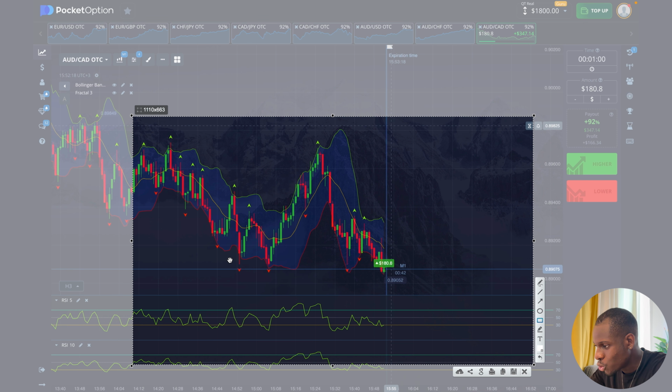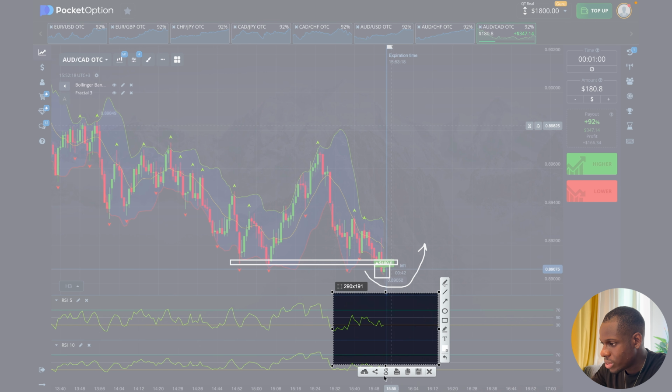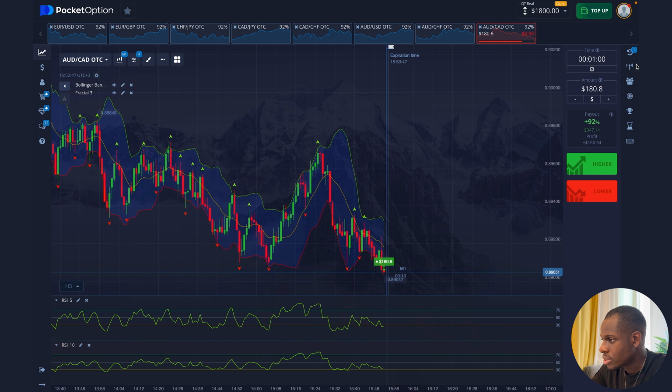So we have multiple touch points on this level, and I'm expecting price to push again after touching the lower bands of the Bollinger Bands, and also there should be an update in the fractal any time from now. So if we see the RSI oscillator, it's also giving a gradual reversal to the upward direction, which is indicating we're done with the sells, time to buy.